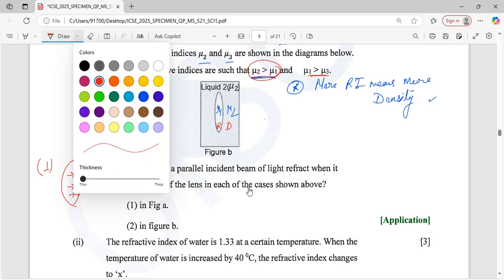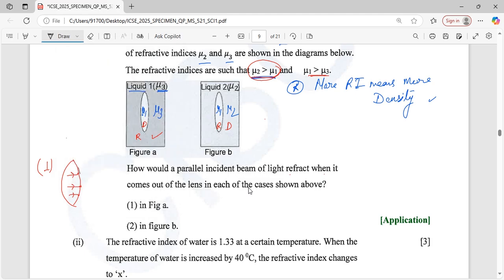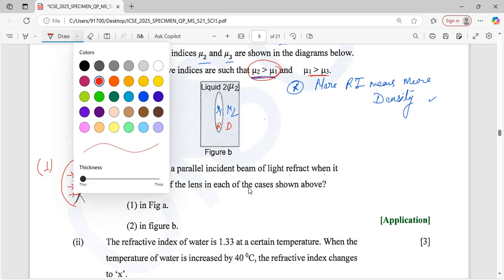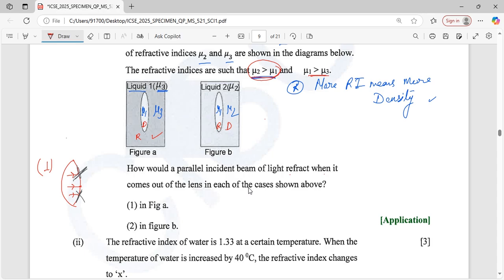First we draw the line of incidence, and draw a normal here. We know that light goes from denser to rarer, and the refracted ray bends away from normal. So the refracted ray goes away from normal, like this.